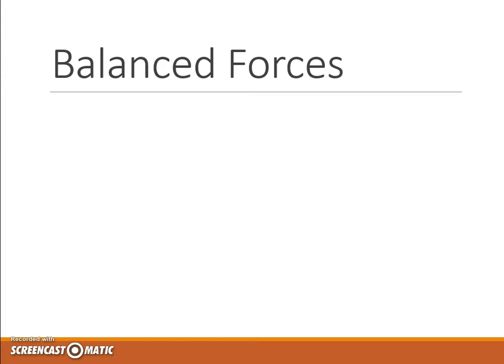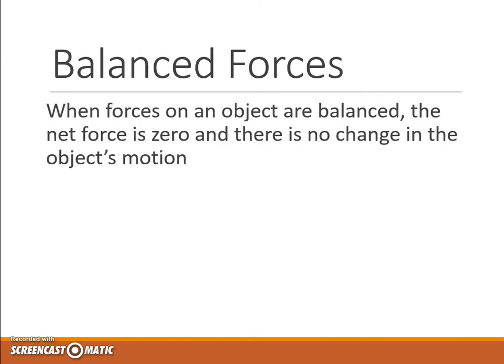Now, there are two types of net force. We have what's known as balanced forces and unbalanced. Balanced is where all of the forces add up to be zero. So that means there's no change in the object's motion. Either it is not moving or it is moving at a steady pace.